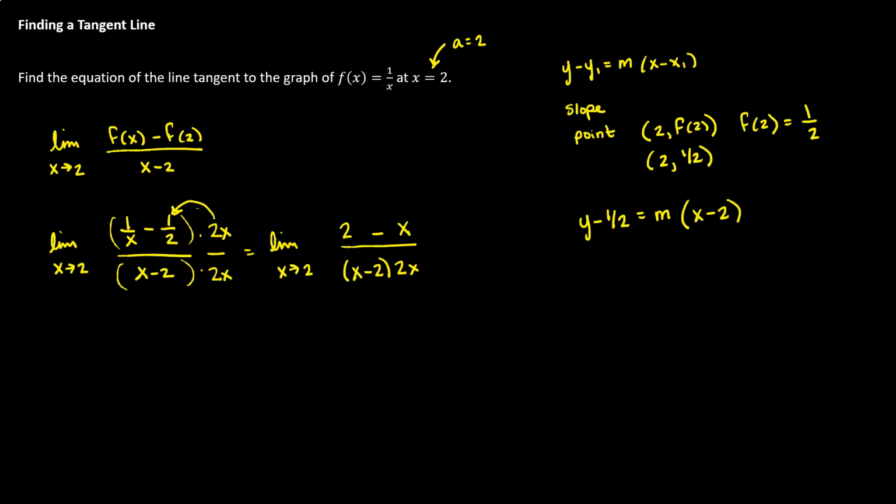Taking a look at our new fraction, which is not complex, if I try to plug 2 in, I still get an indeterminate form. But at least this one is a form that we know how to work with. 0 over 0, we've got a few tools that we can use here.